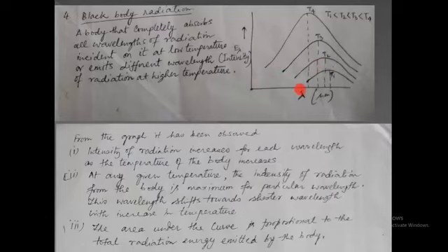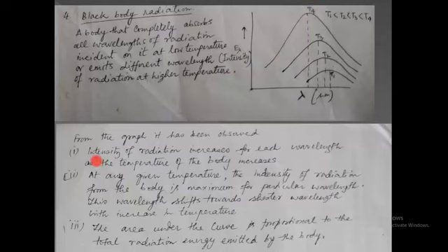Suppose you take a vertical line, select a particular wavelength on the x-axis and draw this line perpendicular such that it cuts all the curves. When you find the value of energy density or intensity for each curve, you will find that with an increase in temperature, the energy density increases for every temperature.